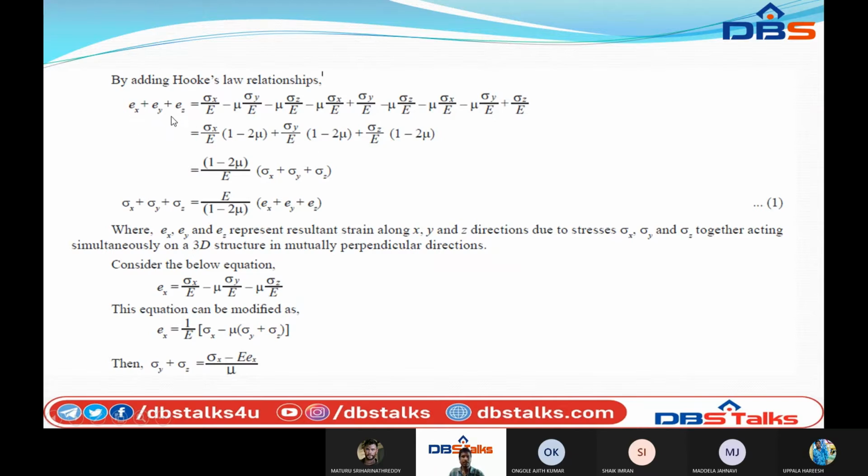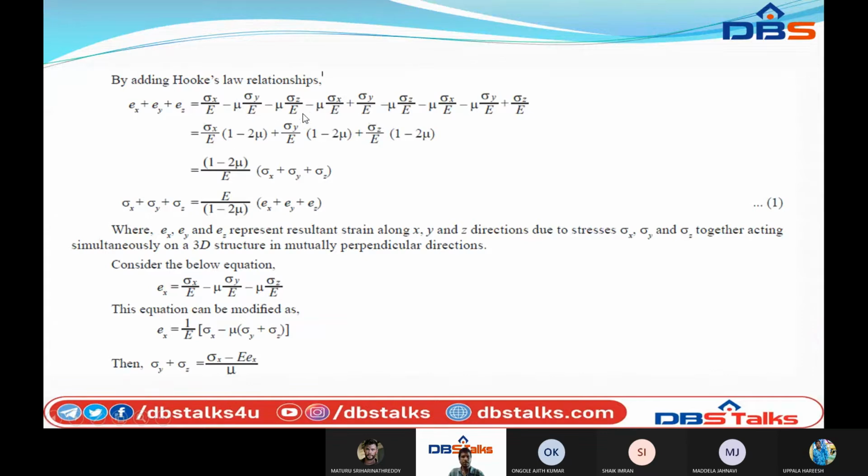Summing of all strains. In that condition, I am summing all the strain conditions, that is in the x direction, y direction and z direction. By substituting and taking sigma x by E as common, we get 1 minus 2 mu, since in the x direction there are two mu's, one is minus mu and another one is minus mu.